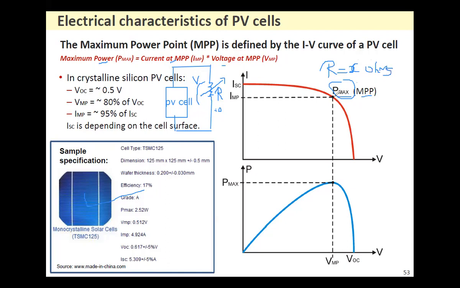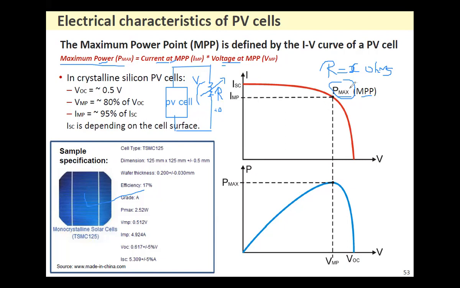At that instant, the product of voltage and current is maximum. And then again, if you are increasing the resistance value, this product is decreasing. So this is the point at which you are getting maximum power out of this solar cell.